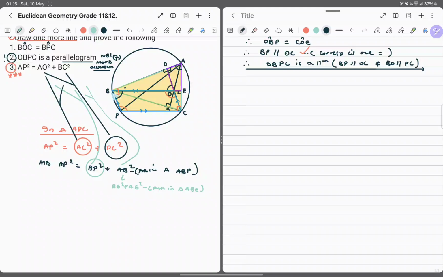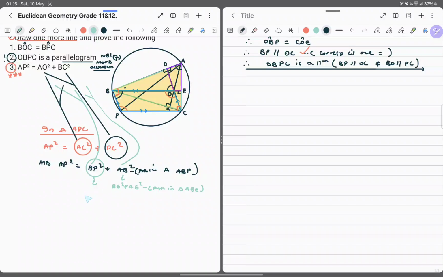BP squared. Well, since this is a parallelogram, right? We can take this BP and represent it as OC, right?